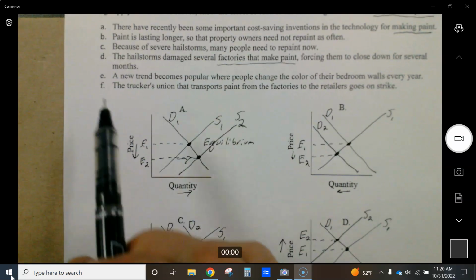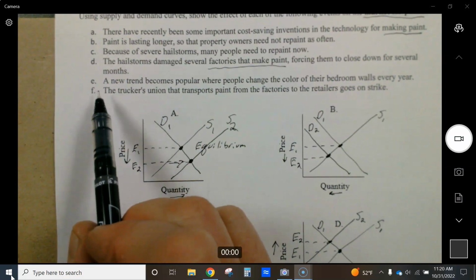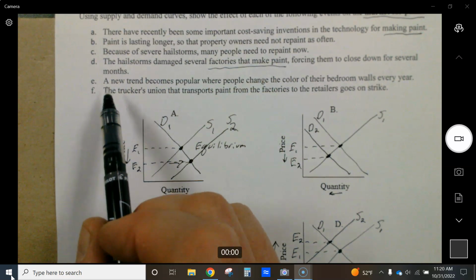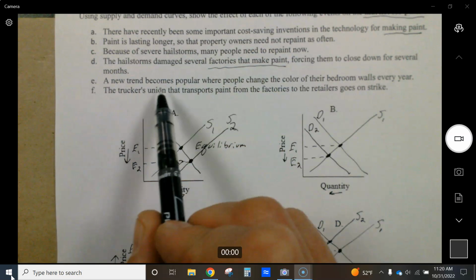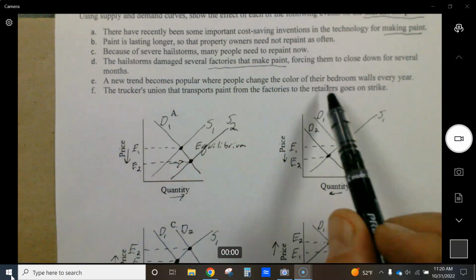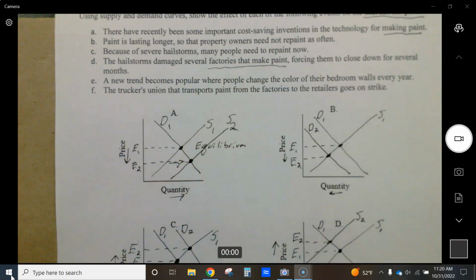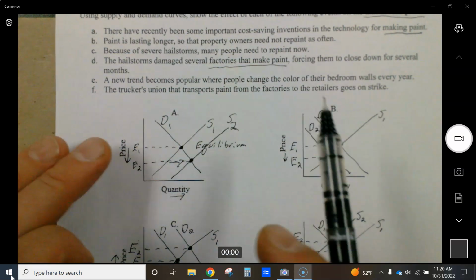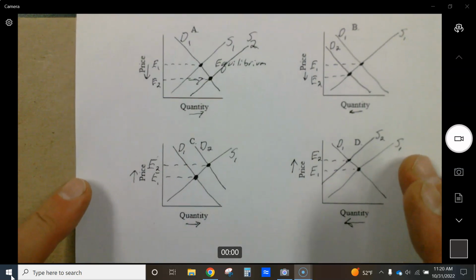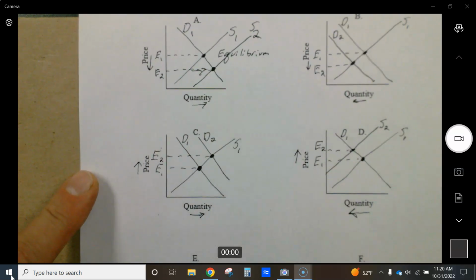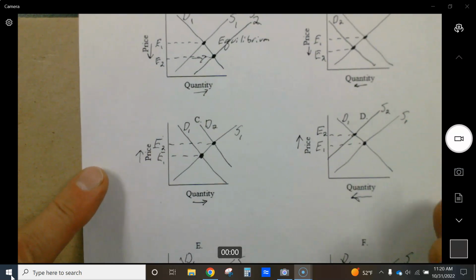Alright, E, let's go up here and read E. A new trend becomes popular where people change the color of their bedroom walls every year. Alright, who is it? Is it the supplier or the demand? In this case, it's the demand, because these would be people who are buying the paint, the consumers.